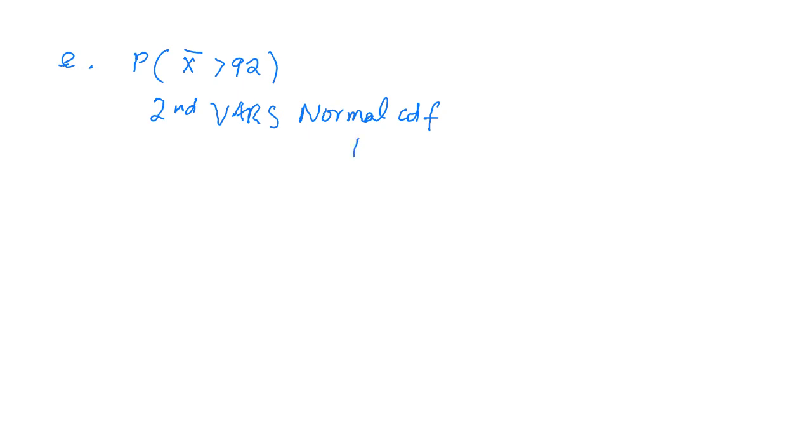The lower is negative 999, and the upper is the one that we calculated, negative 2.66. The mean is 0, standard deviation is 1. And then what do we have here? 0.0039.